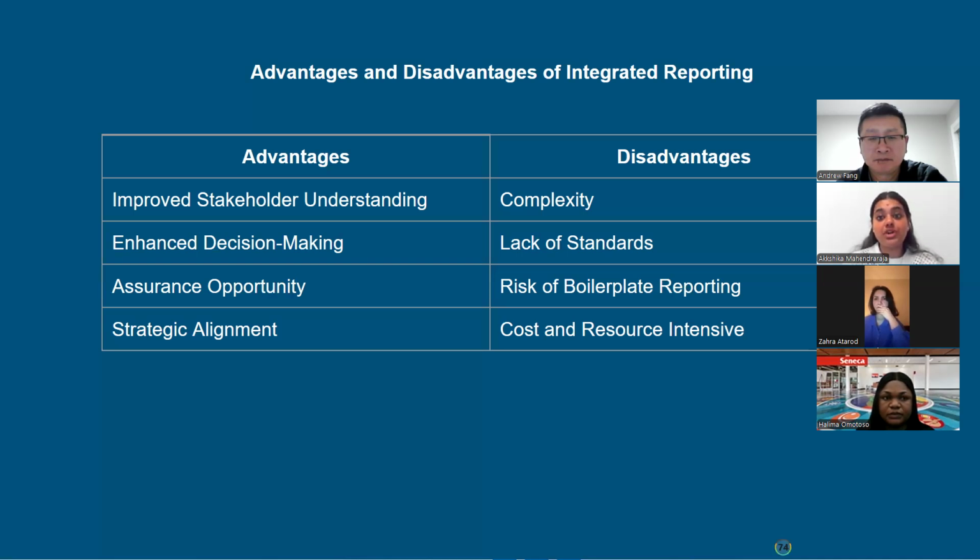Third one is risk of generic reporting. To simplify, reports might omit crucial specifics, diminishing their usefulness for decision-making and auditing. The final one is resource intensity. Ensuring the quality and completeness of environmental, social, and governance data can be costly and time-consuming.